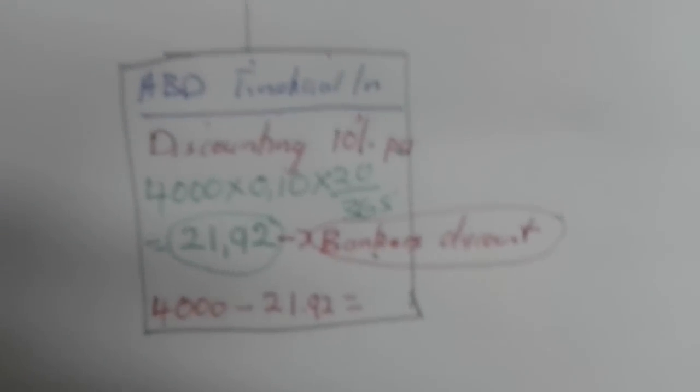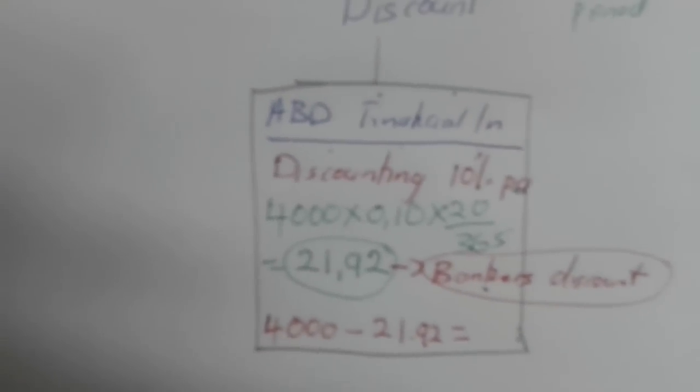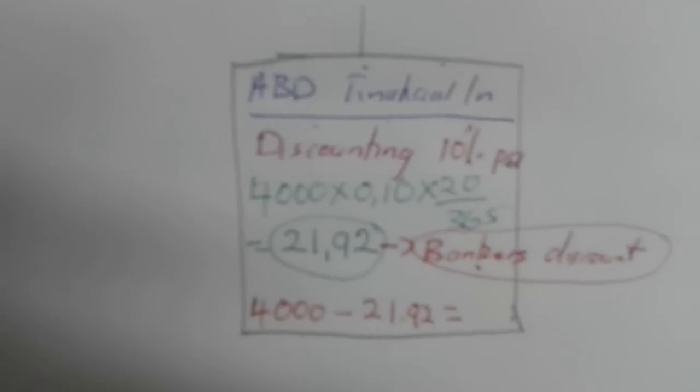They will get 4,000 minus the banker's discount of 21.92, which gives you 3,978.08.